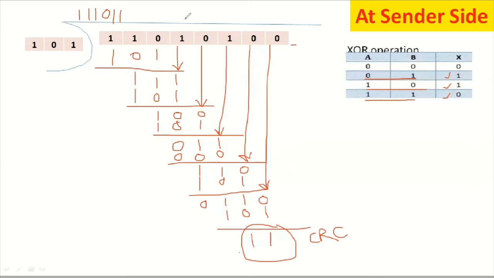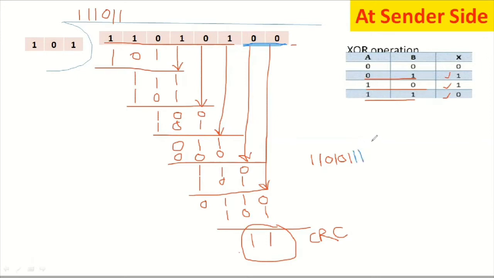So now the data to be sent will be 1 1 0 1 0 1, and then the last 2 zeros will be replaced with the remainder, which is 11. Okay, because we have augmented 2 zeros there, right?